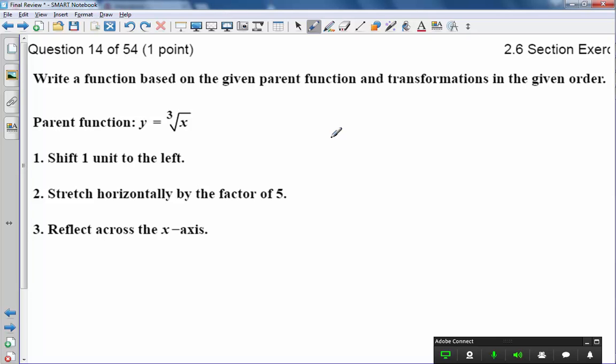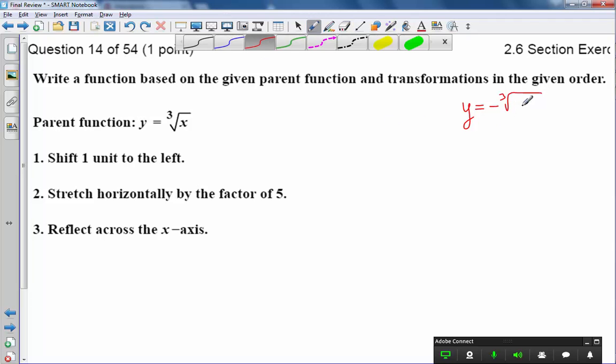Matt? Negative cube root. Okay. 1/5 x. Erase the x and the 1/5 x. Like this, plus 1. Outside, inside, inside, inside.